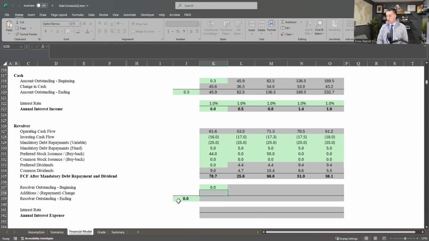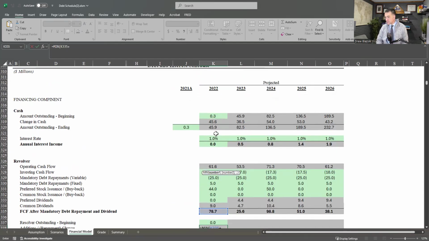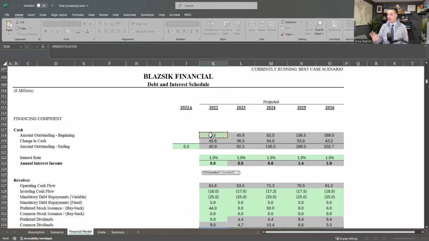All right, here's the hardest part. Now we want to do a function of, are we going to use our revolver? I want you to really think about this. We're going to do a minimum function here. Why are we doing this? First off, I want to add up two variables. Let me explain through it. I'm going to add up the free cash flow plus the beginning value of cash.